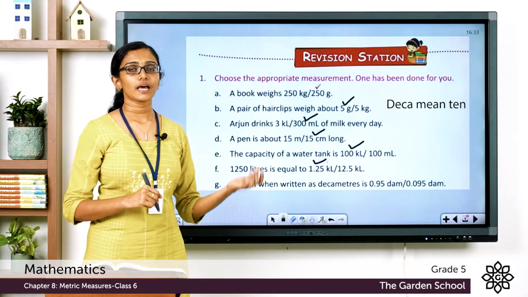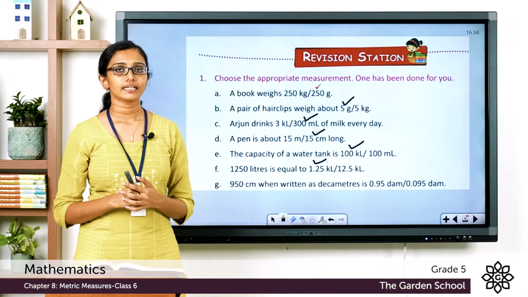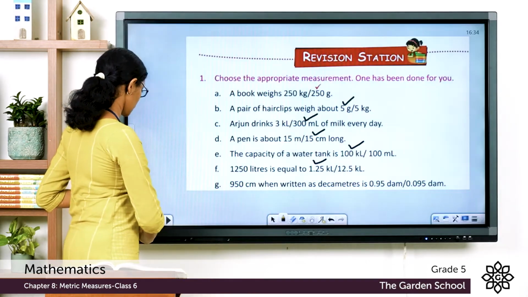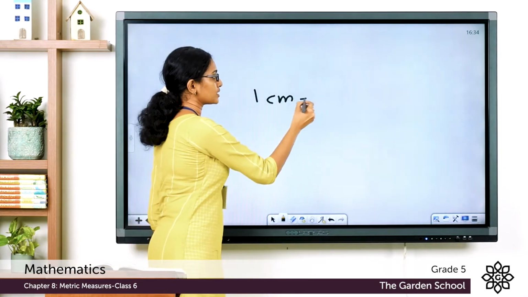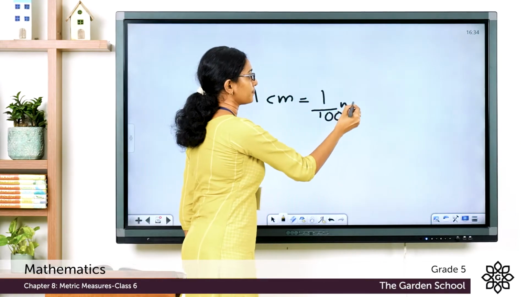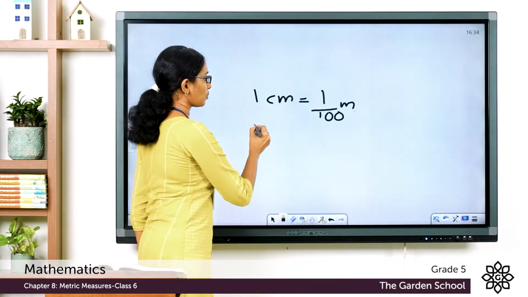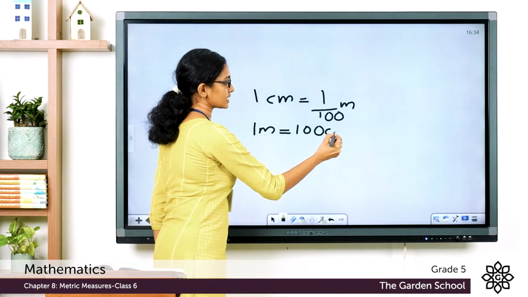Decameter means 10 meters. So how do you convert between centimeters and decameters? See, we know 1 centimeter is equal to 1 by 100 of a meter. So we can write 1 meter is equal to 100 centimeters.